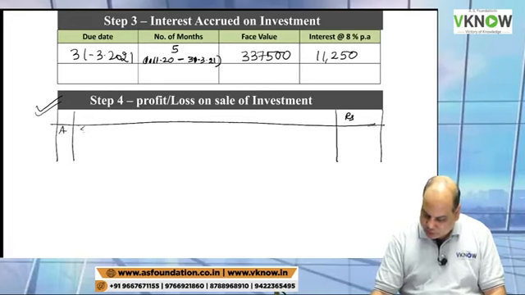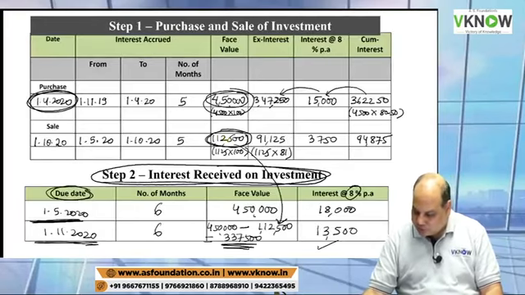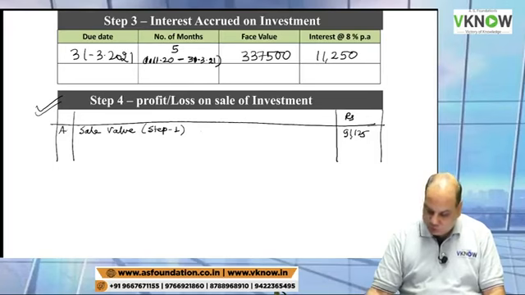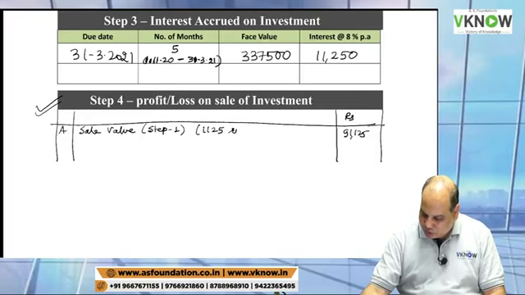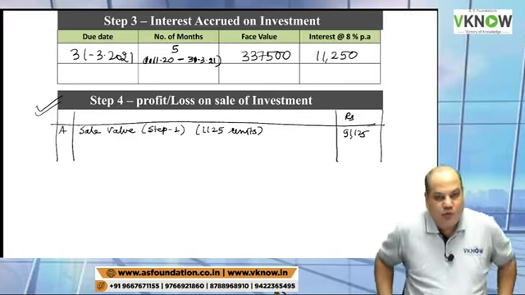First point A, sale value. This figure you will get from step number 1. If I go to step number 1, the sale value is 91125. And how many units you have sold? 1125 units you have sold.